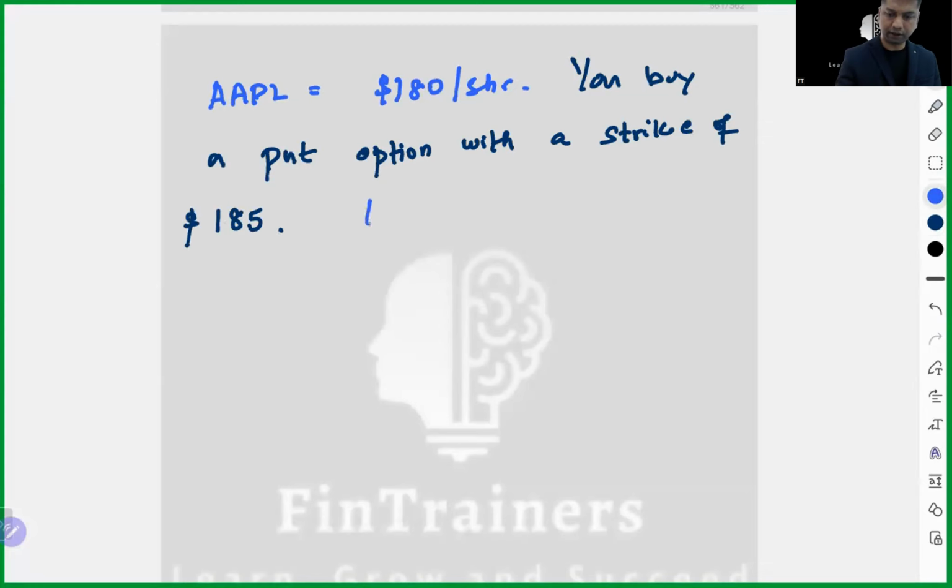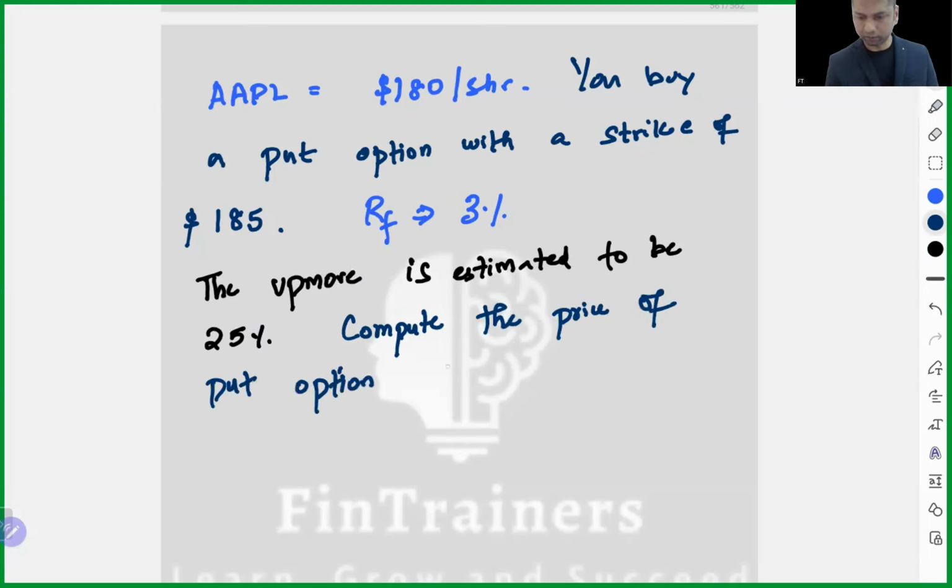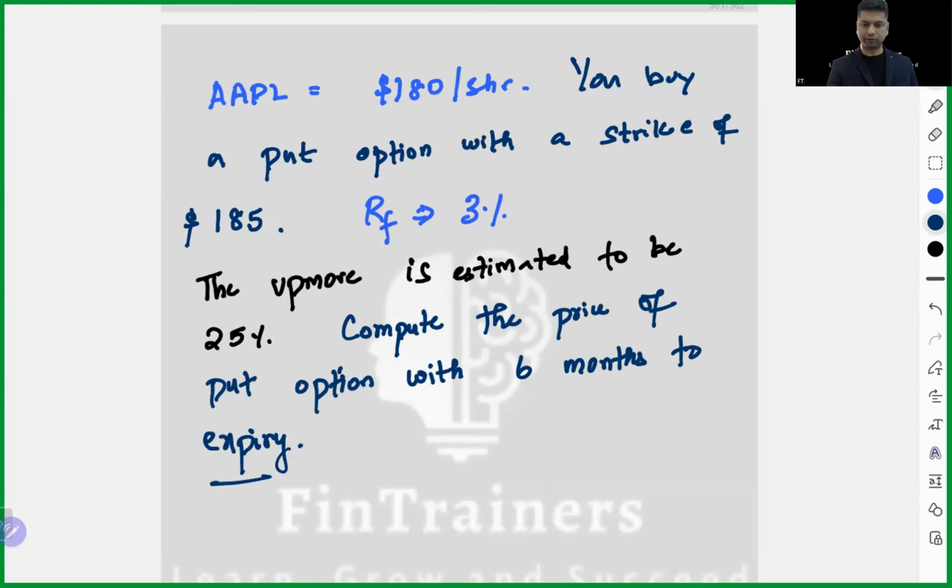Risk-free rate, Federal Reserve SOFR rate, is 3%. The probability of the up move is estimated to be 25%. Compute the price of the put option with 6 months to expiry.